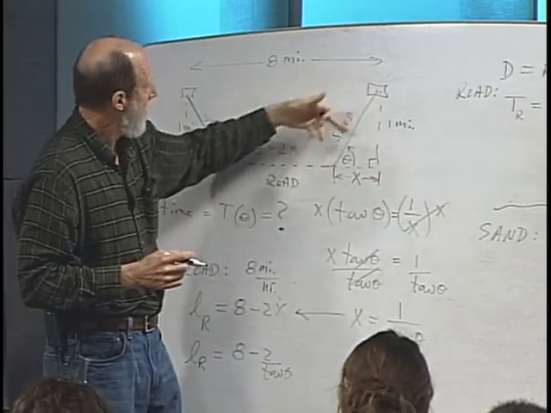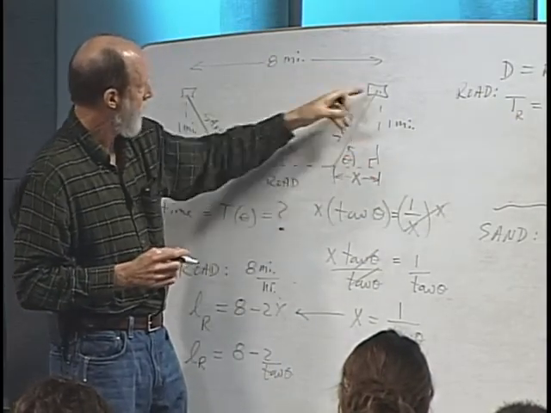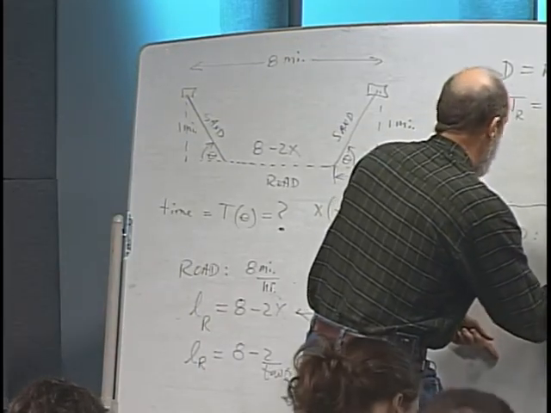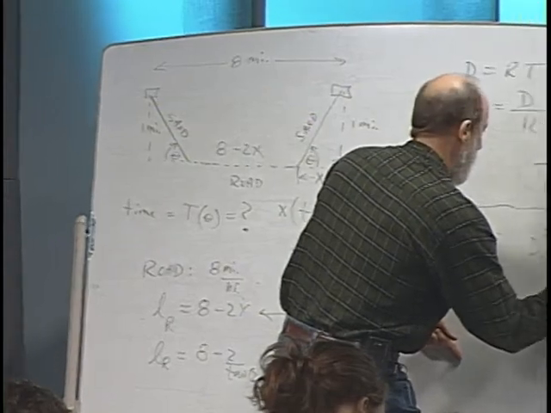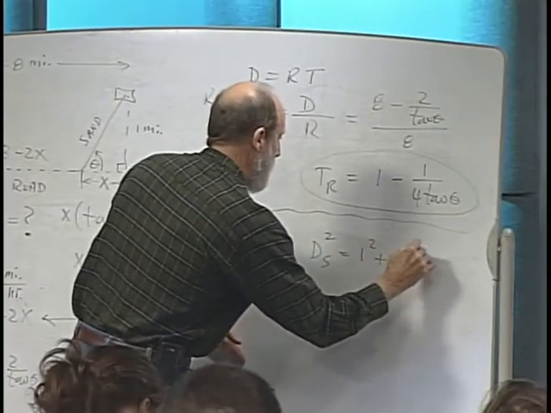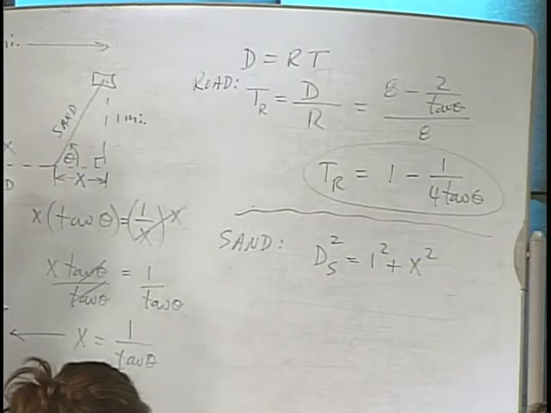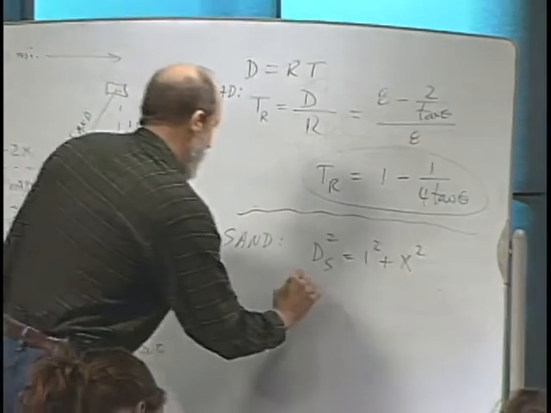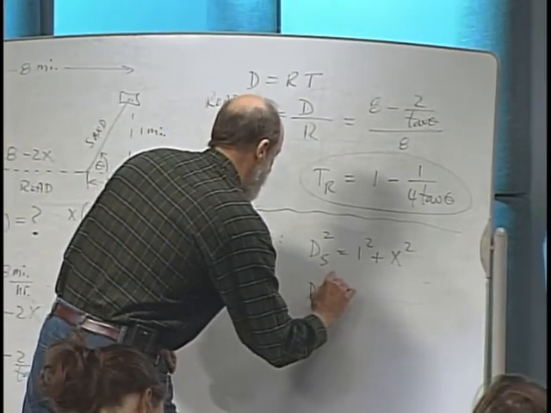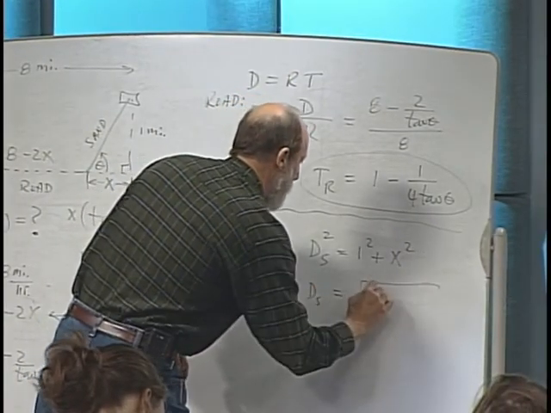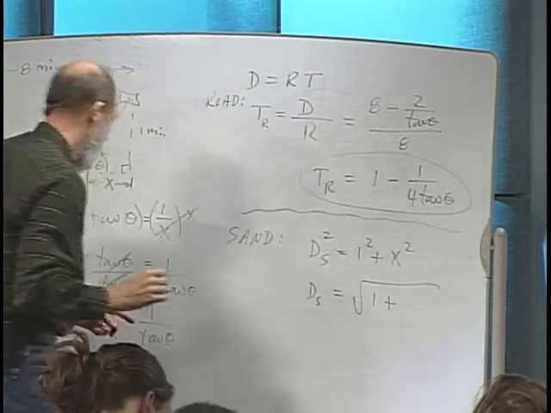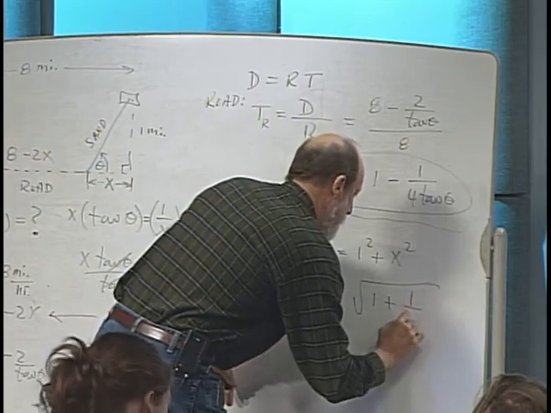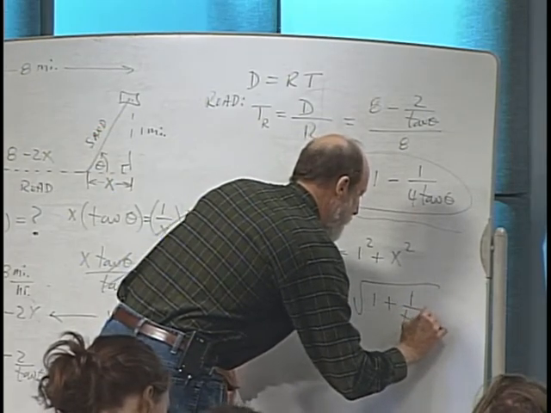So the distance on the sand is a Pythagorean relationship here in this right triangle. So the distance on the sand squared is going to be equal to 1 squared plus x squared. So the distance on the sand is going to be the square root of 1 plus x squared, where x is going to be 1 divided by tangent squared of theta.